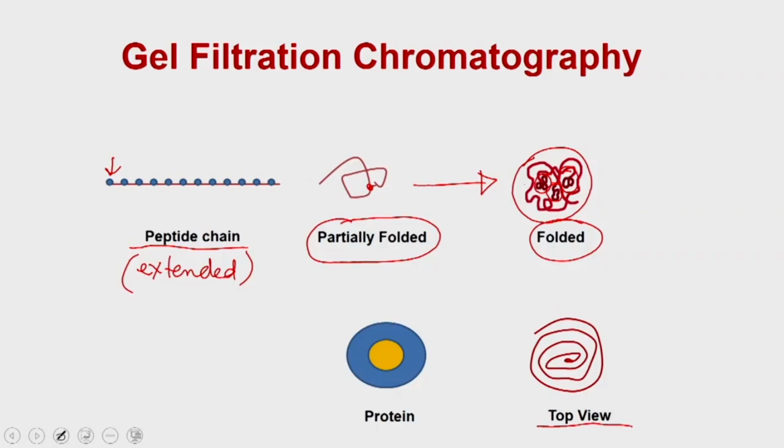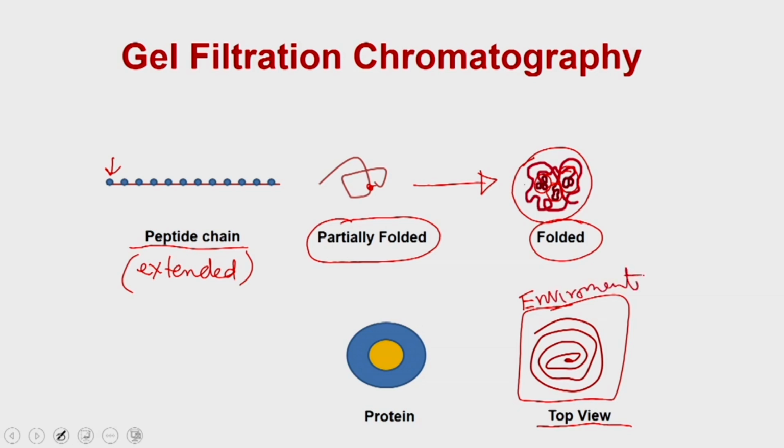So, if you see a protein from the top, you will see that there is a center. Around this center, the protein arranges its amino acid residues, and as a result the protein is going to form a globular structure. How it arranges the amino acids is based on the environment present outside, which means the local environment.